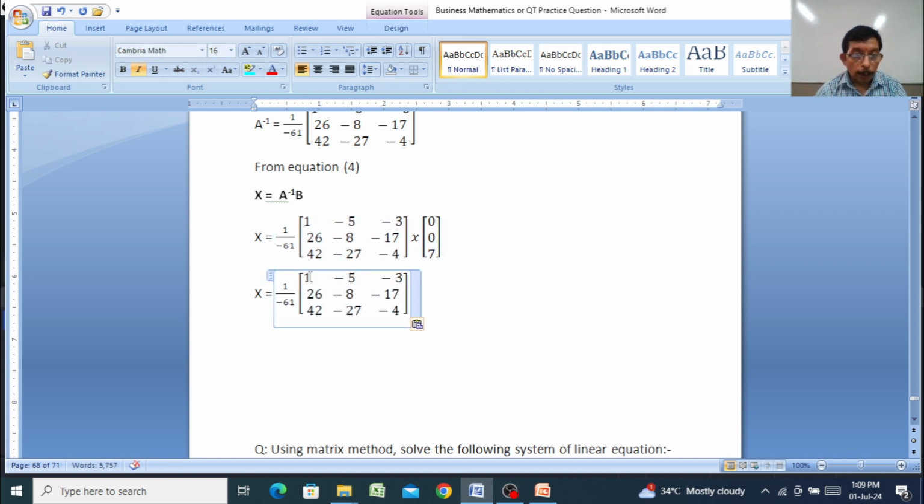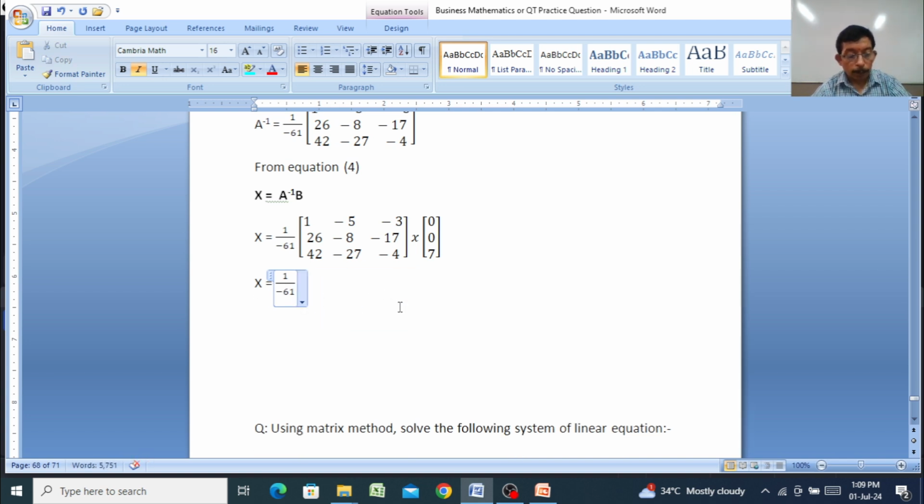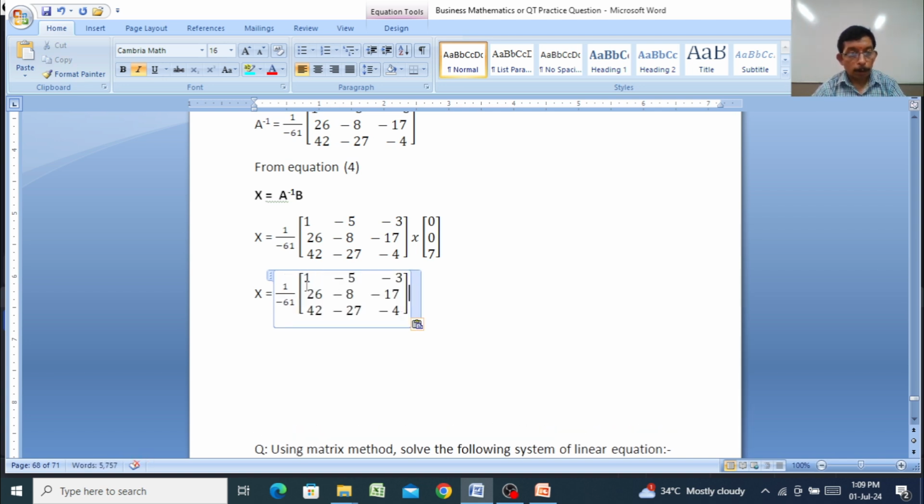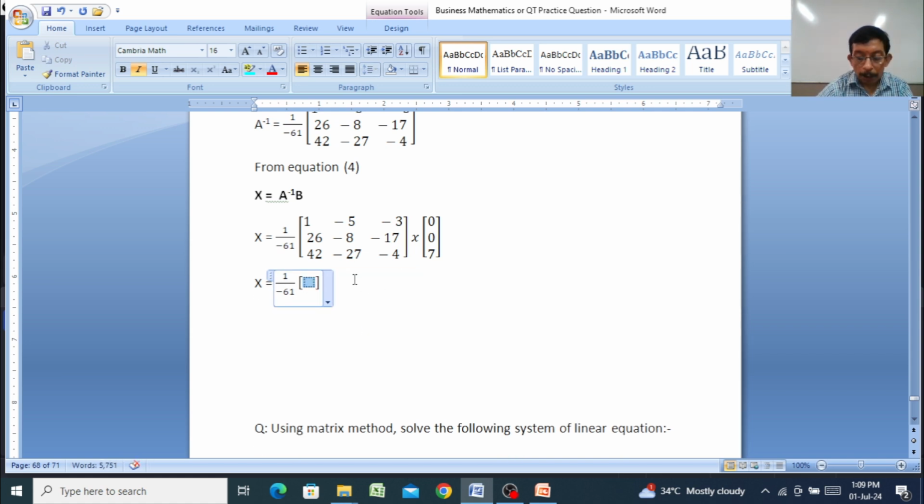First row multiplied by the first column, then we get the first row first element. The first element is 1 multiplied by 0, plus minus 5 multiplied by 0, then minus 3 multiplied by 7.